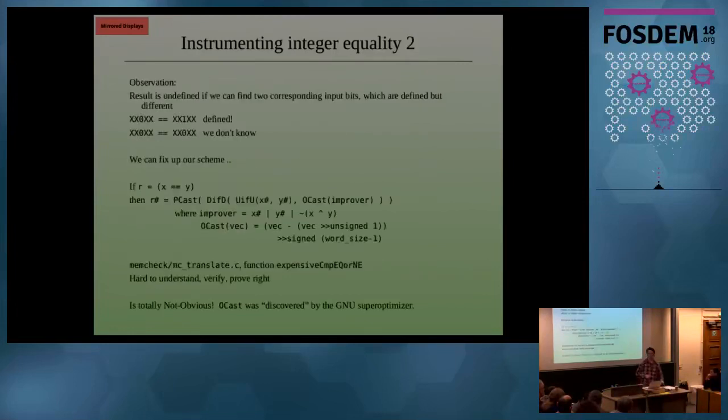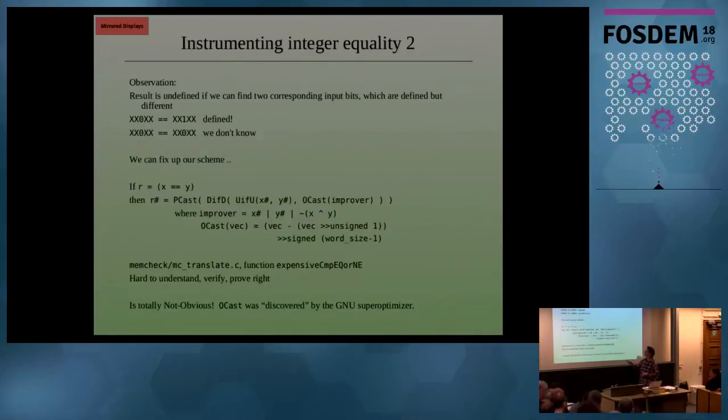So what is the key observation? The key observation is that if you find two corresponding bits in the input, here I write x, 0 and 1, and if they are different and they're both defined, then we know that the whole two words here are not the same, right?